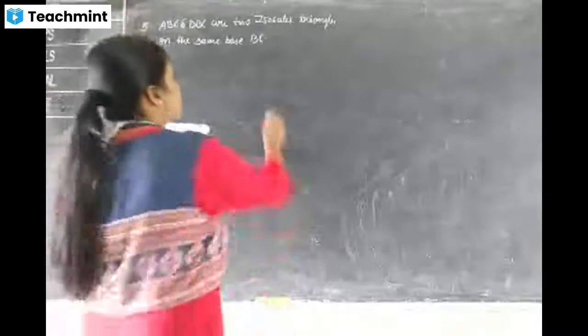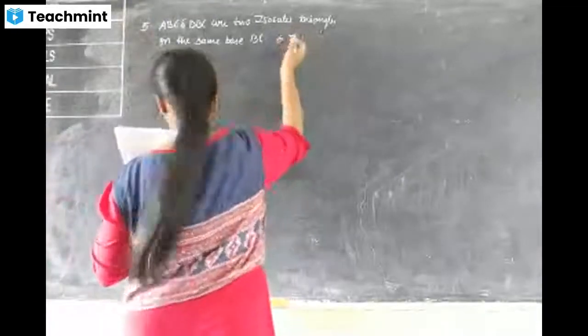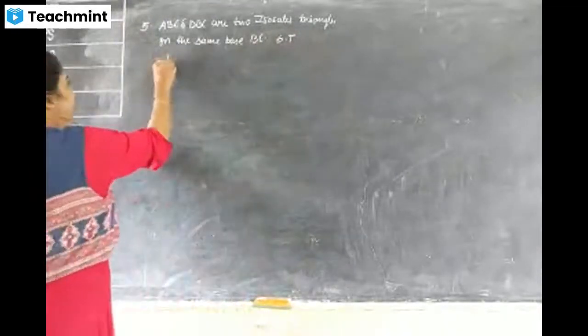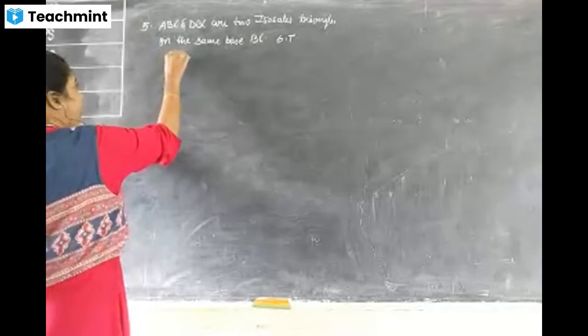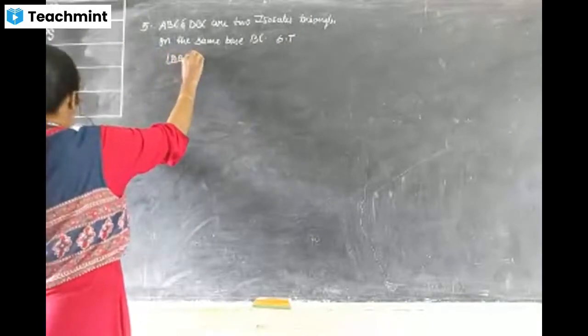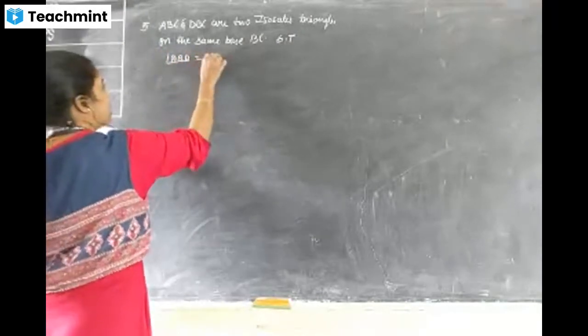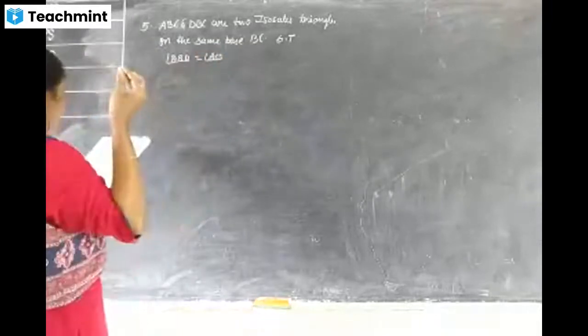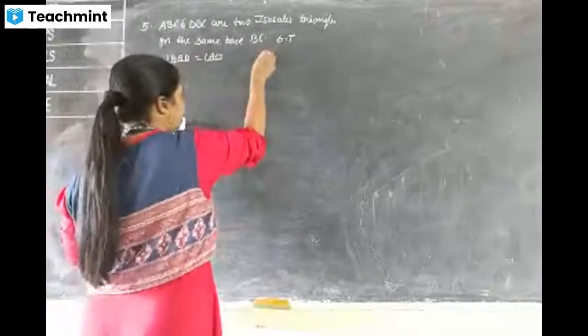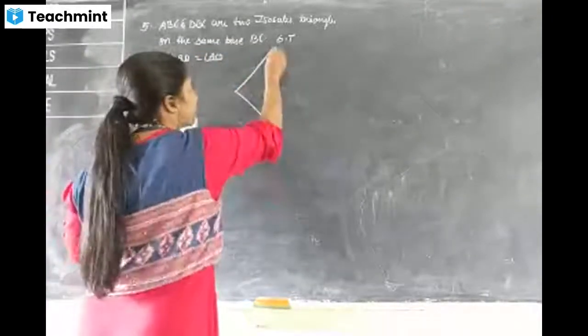Show that angle ABD is equal to angle ACD. This is the corresponding angle. We have to show that they are equal. Okay, we'll see.